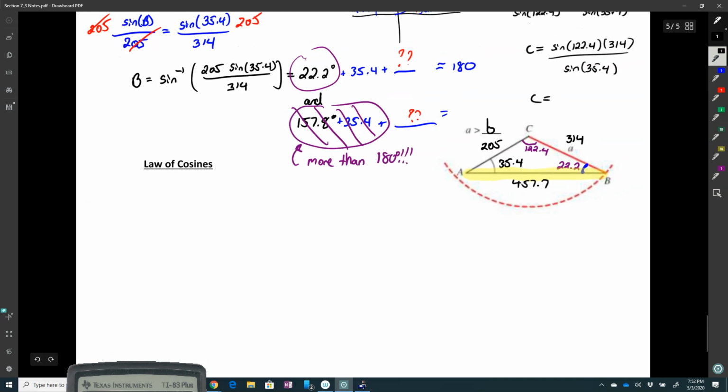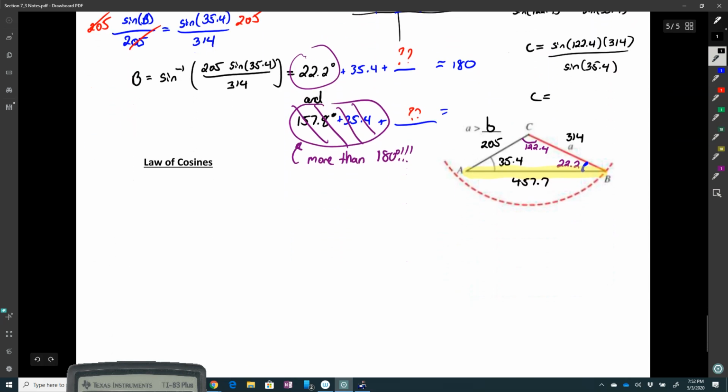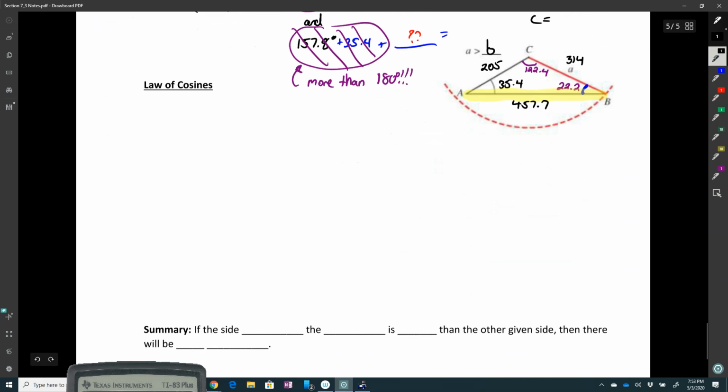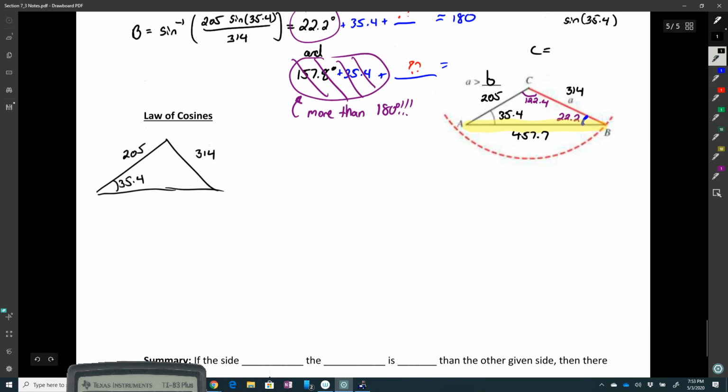Now to close this off, we're going to do it yet again for the law of cosines, which is going to produce a quadratic. Redrawing my triangle, I know this is 35.4. Here's 314, here's 205, and that's all they give us.